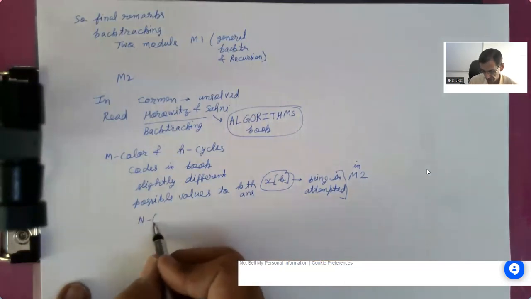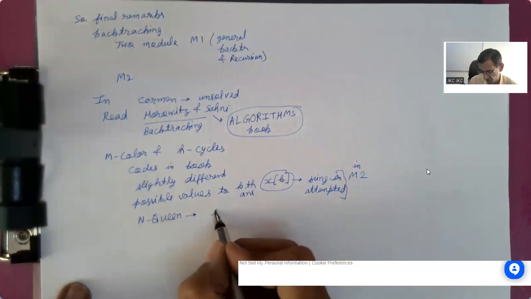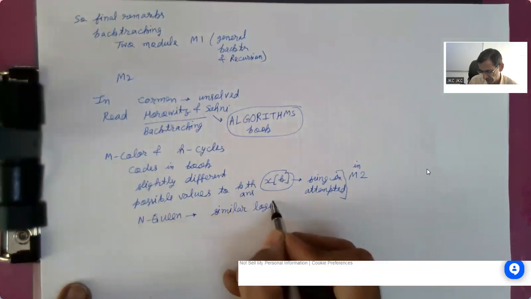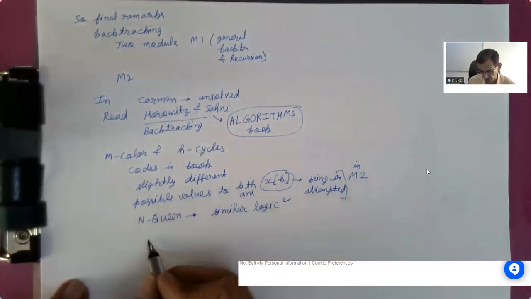In N queen, we did exactly parallel or similar logic, so that is one and the same thing. Both are equivalent. You can do any one.